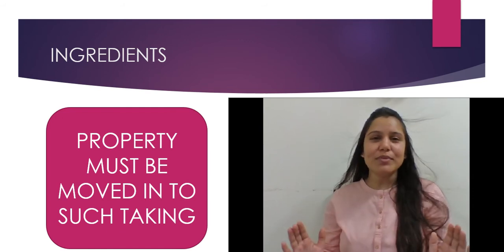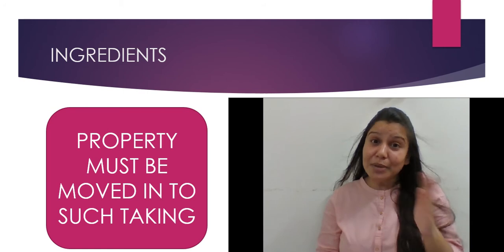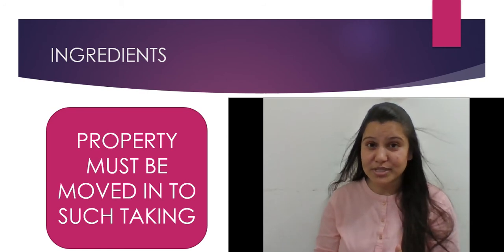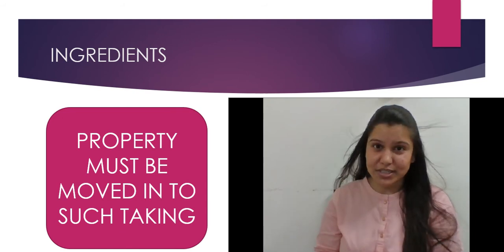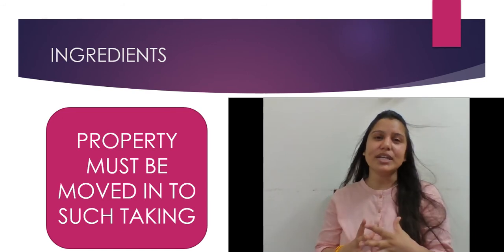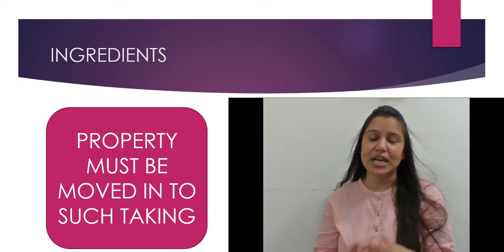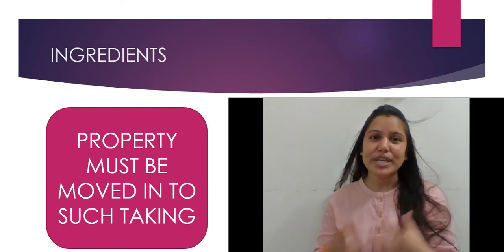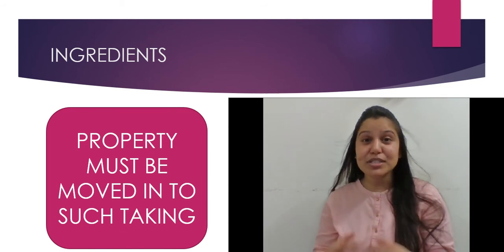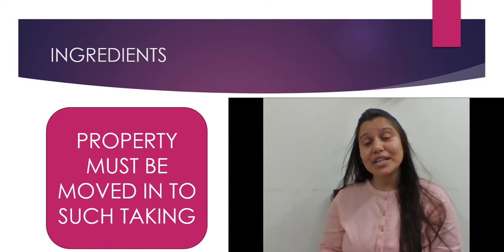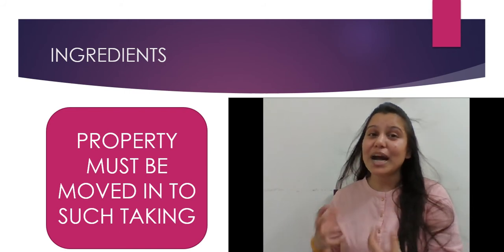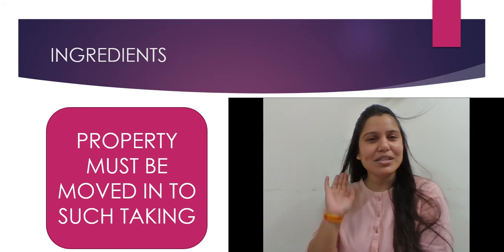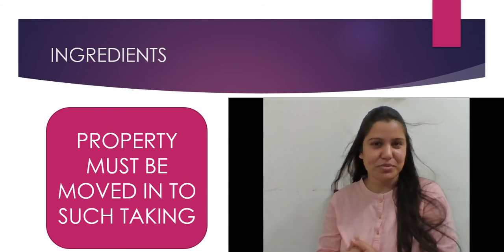So, according to Mr. Y, the antique is not there, and Mr. A, with dishonest intention, without the consent of Mr. Y, moved it, right? He moved that very antique out of the possession of Mr. Y. So in this case also he committed theft because he moved it, and he had in mind that the next time I come, I'll take this antique home, or I'll sell it, or whatever it is, right?